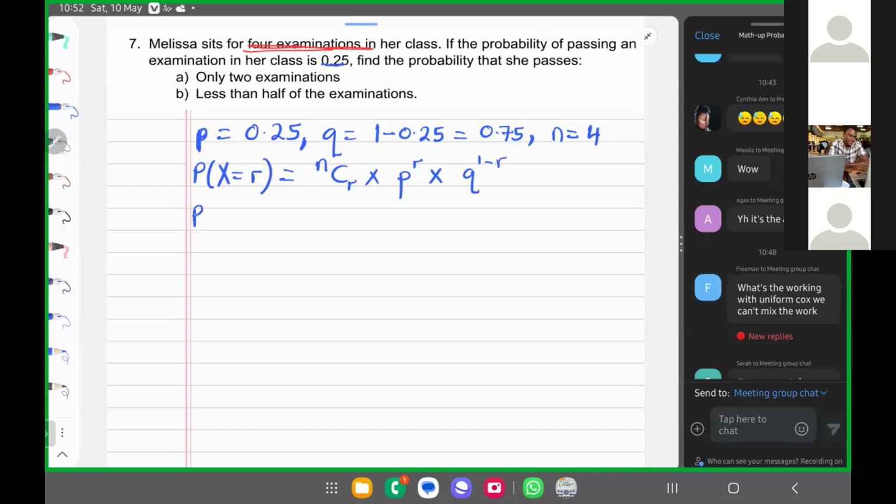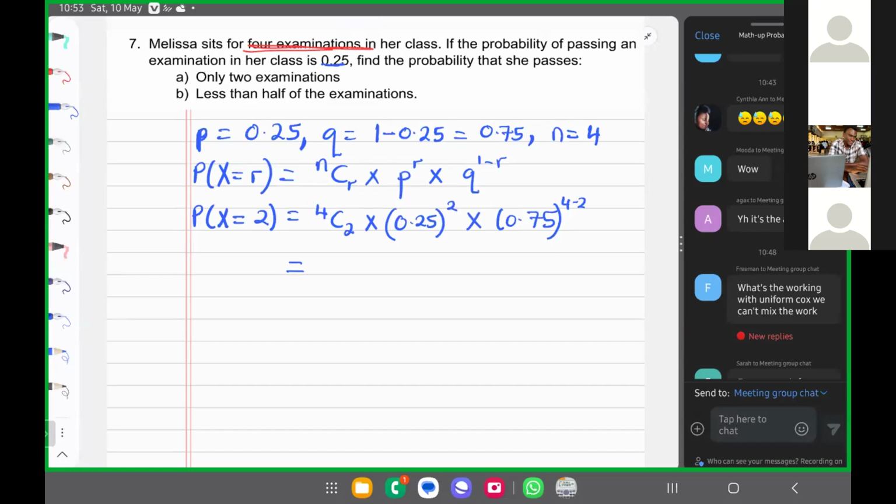So the probability of X being equal to 2, with N as 4 and R as 2, is 4 combination 2 times P, which is 0.25, power R, which is 2, times Q, which is 0.75, power N minus R, which is 4 minus 2. So when you work that out, you end up with your probability.